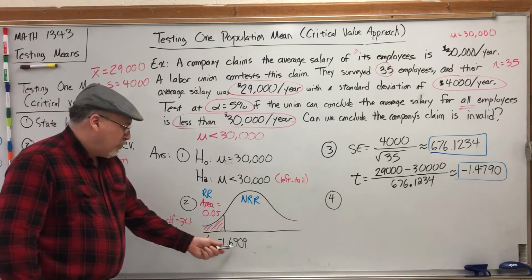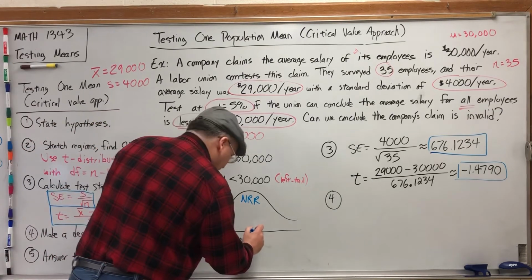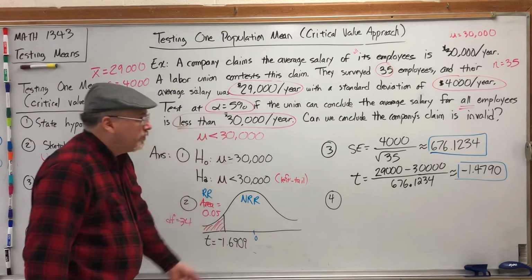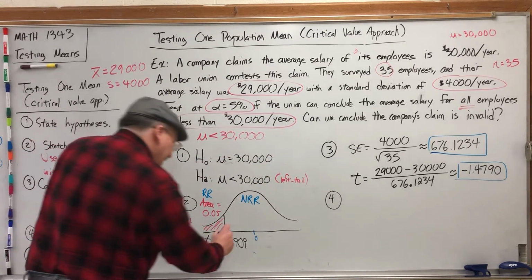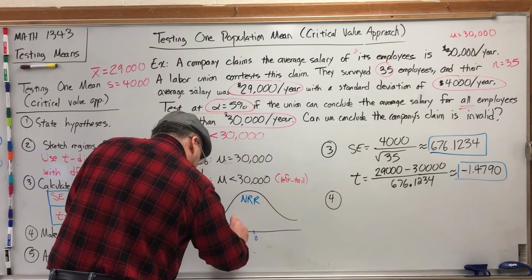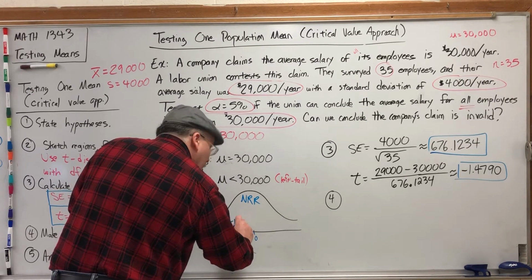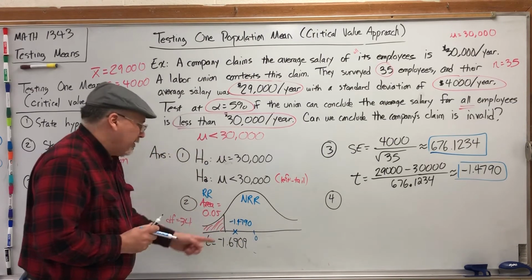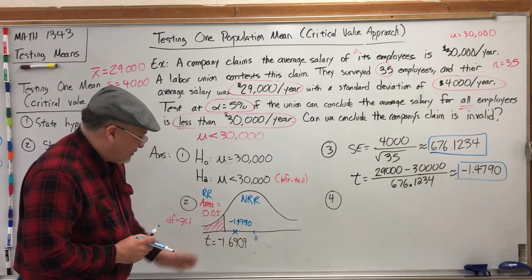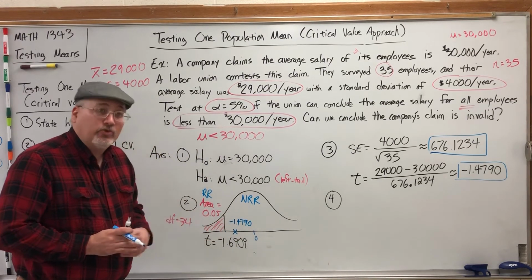Compared to negative 1.6909, remember zero's in the middle here, the test statistic, negative 1.4790, is just a little bit to the right of it. I'm not worried about specifically where it lands, just relatively that it lands to the right.